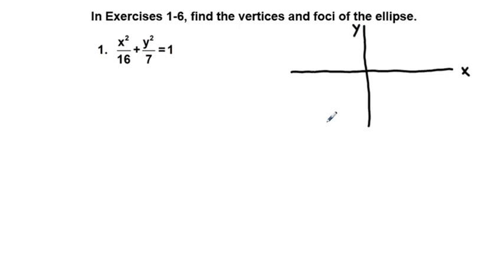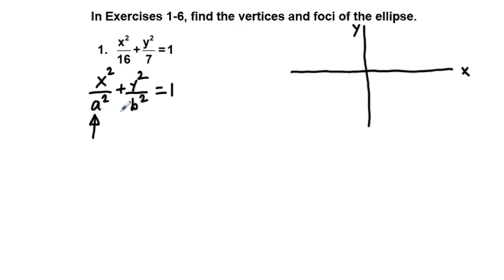What we have here is the standard ellipse, and it is in this form: x squared over a squared plus y squared over b squared is equal to 1.